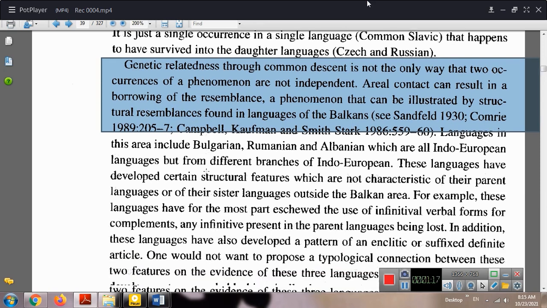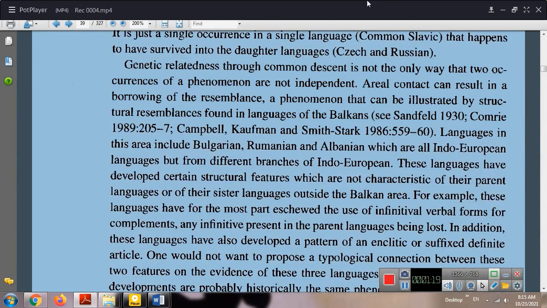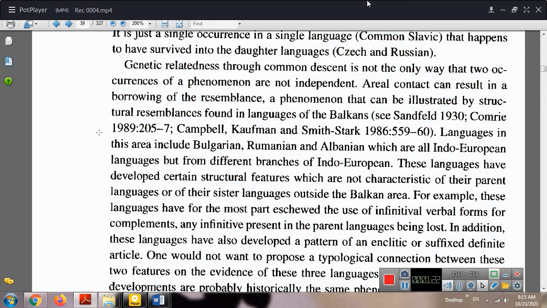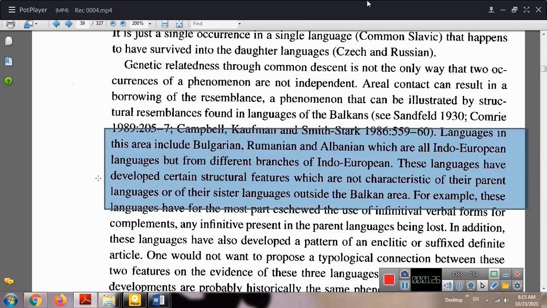Here we will read about the languages of Balkan. Languages in this area include Bulgarian, Romanian, and Albanian, which are all Indo-European languages, but from different branches of Indo-European. It means that they are not related genetically.